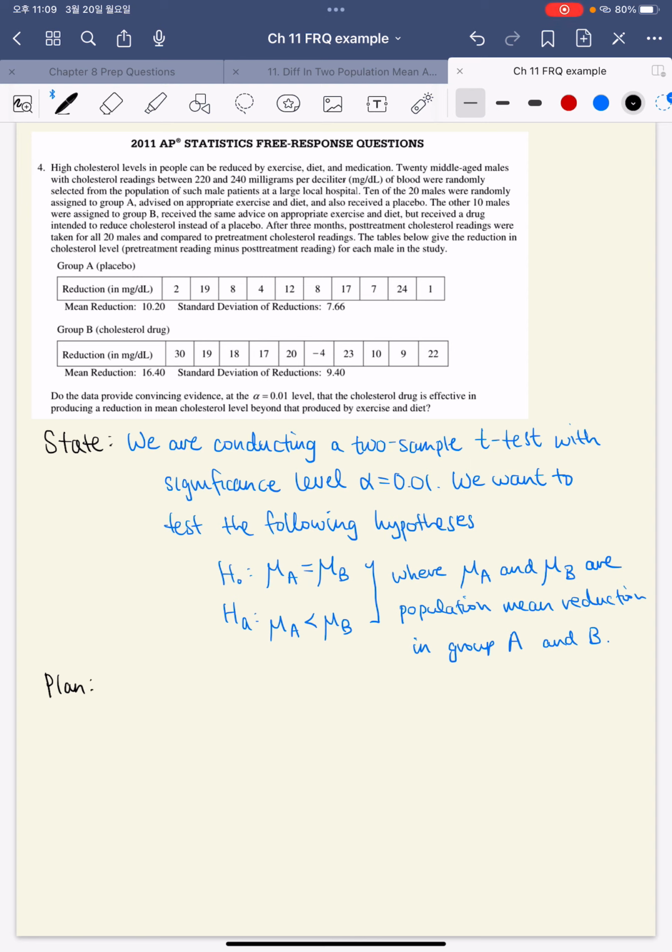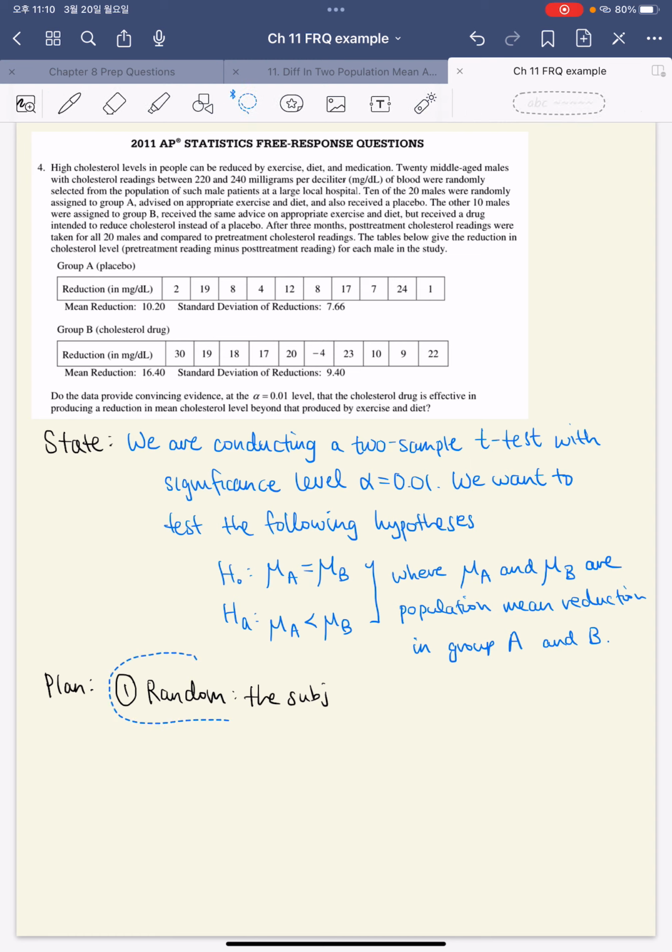The first one is random. So obviously this test comes from a random sample. I mean, the test is randomly assigned to the 2 groups. So for random, we can say the subject. Oh yeah, I think I should do this in blue.